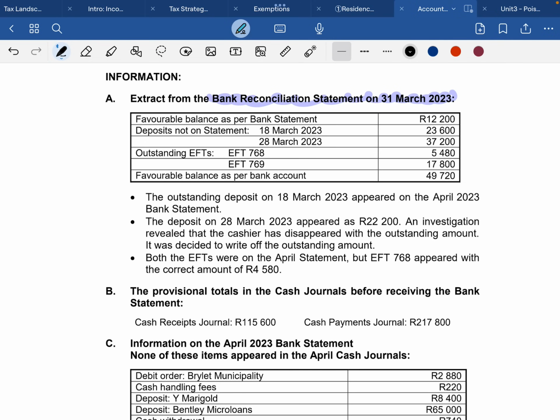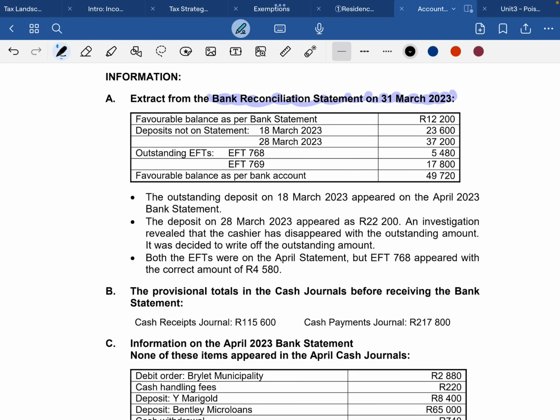Now, we want to know if those errors have been fixed or not. This piece of information is what will tell us if the bank has fixed their errors or not. So if they haven't fixed, or now we have some new information regarding any errors that the business might have made, we will fix them in our journals.